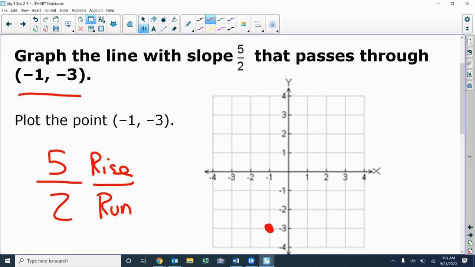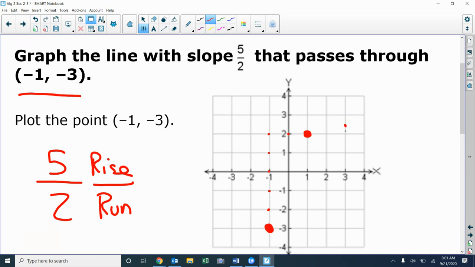Rise over run. So, my rise is 5, so I'm going to go 1, 2, 3, 4, 5. I'm going to go over 2, it's a positive rise, so I'm going to go over 2, run, 1, 2, so there's my new point. I'm going to label that point.